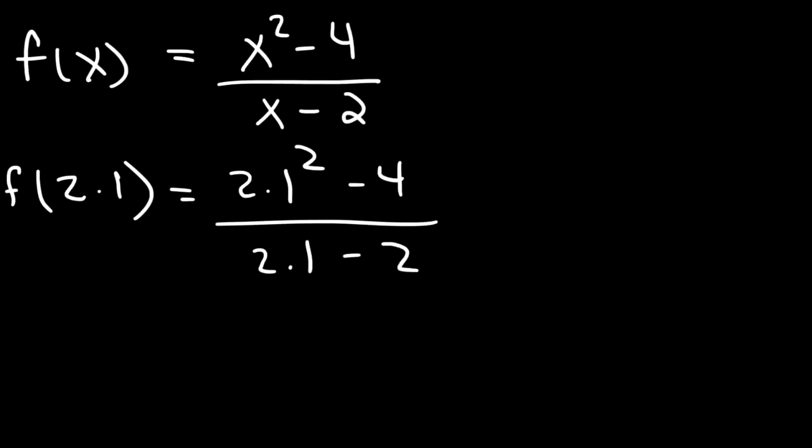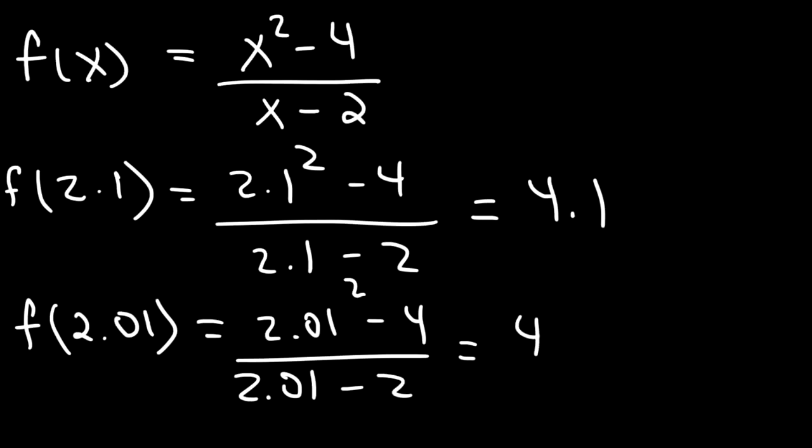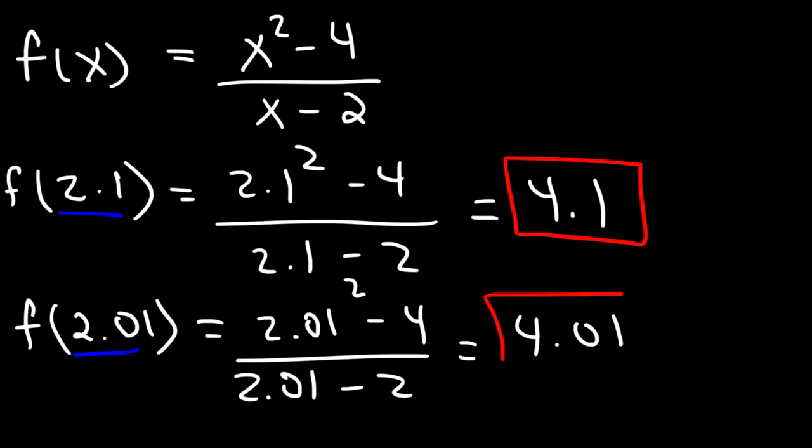So if we were to plug in 2.1 into the function, you should get 4.1. Now, what if we plug in a number that's even closer to 2? Let's say 2.01. Well, if we do that, this will give us 4.01. So notice that as x gets closer and closer to 2, the value of the function gets closer and closer to 4.